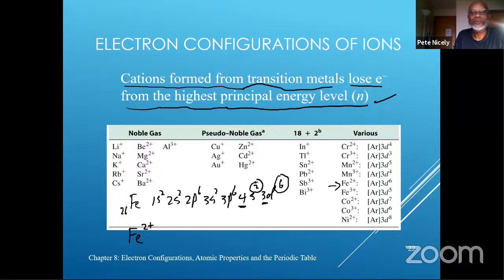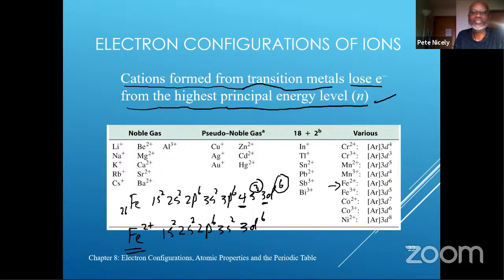So therefore, when those 2 electrons are lost, this 4s orbital would disappear. So therefore, the electronic configuration of the Fe2+ would be 1s2, 2s2, 2p6, 3s2, 3d6. So this would be the electronic configuration of the Fe2+ cation, right?